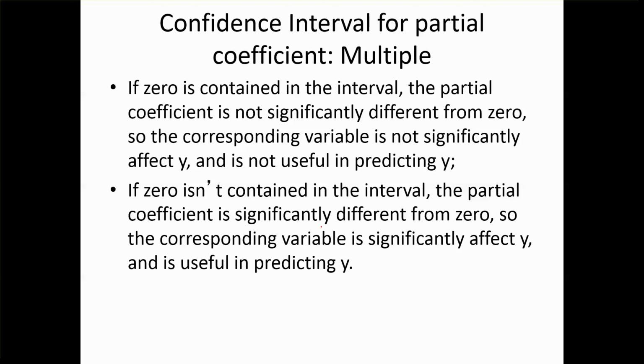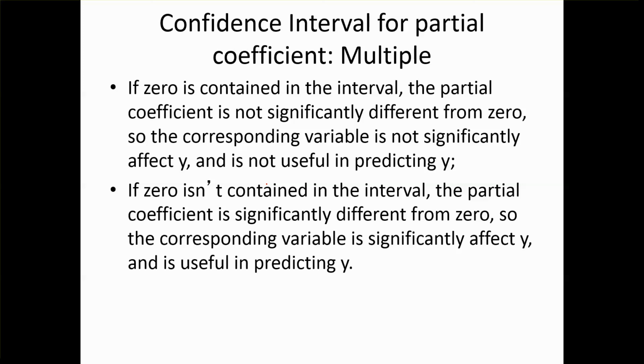If 0 is contained in the interval, the partial coefficient is not significantly different from 0, so the corresponding variable does not significantly affect y, and it is not useful in predicting y. If 0 is not contained in the interval, the partial coefficient is significantly different from 0, so the corresponding variable significantly affects y and is useful in predicting y.